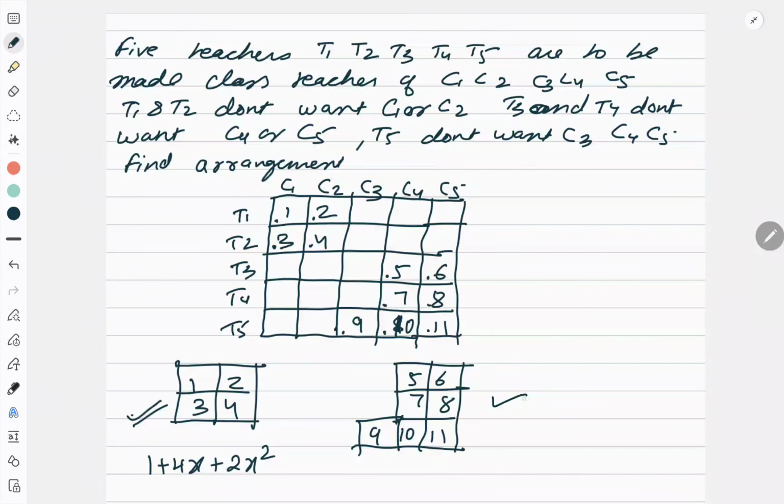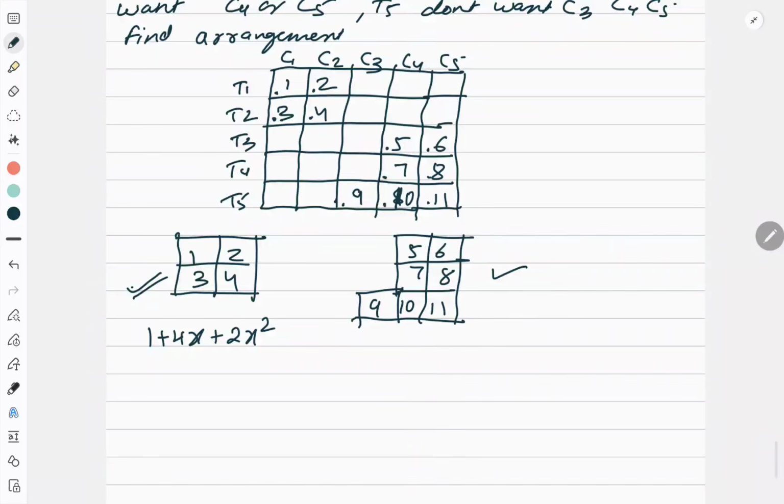Now let us work for this one. So here also I am applying the product rule. Now what is the value of R1 here? How many positions are there? 1, 2, 3, 4, 5, 6, 7. Now for R2 I need to write down all the 2 by 2 pairs. So if you observe carefully, 5 can sit with 8, 5 can sit with 9, 5 can sit with 11.